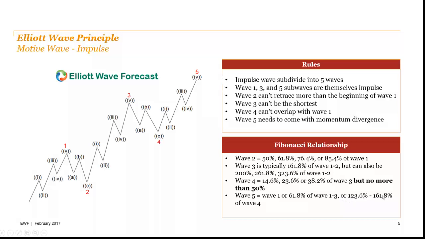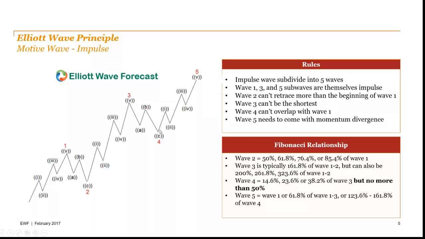Think about it this way: you have this wave 4, and if it is retracing fully 100%, that means it goes back to the beginning of wave 4. Now 123.6 means it will go to the beginning, and then even more than that, around 23.6% more. That's what it means by external retracement.